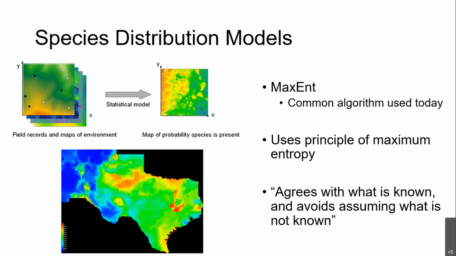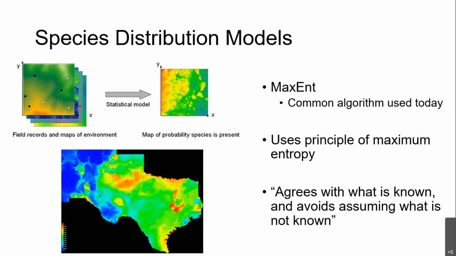So we use Maxent, one of the most commonly used algorithms today. It uses the principle of maximum entropy, which basically states that it agrees with what is known without assuming what is not known. And that's just an SDM of Geomys that I'll get into later in the talk.